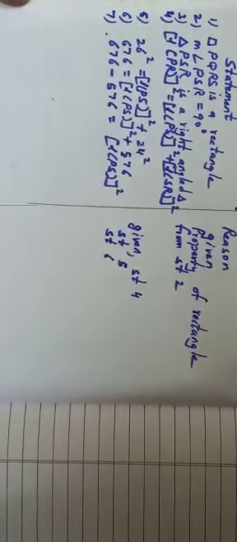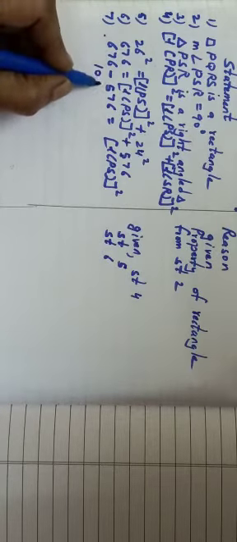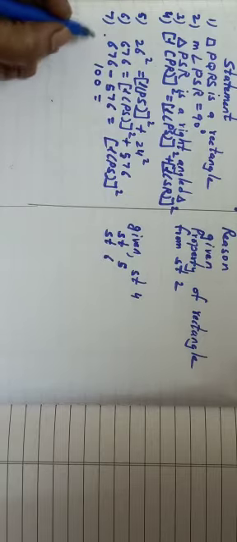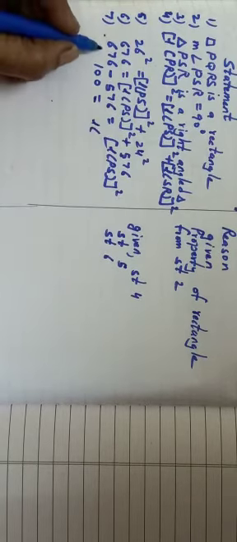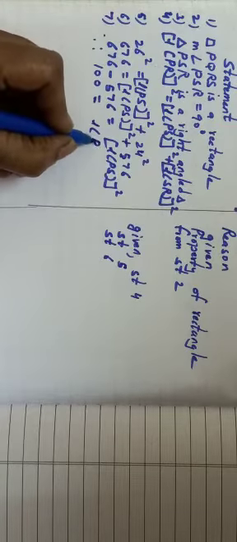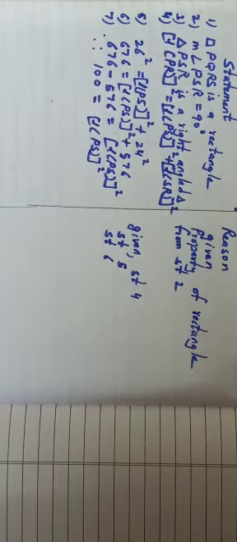So now 676 minus 576 will be 100. So we will write here 100 is equal to, therefore 100 is equal to length of PS square. Now we will take square root on both the sides, taking positive square root because it's a length.